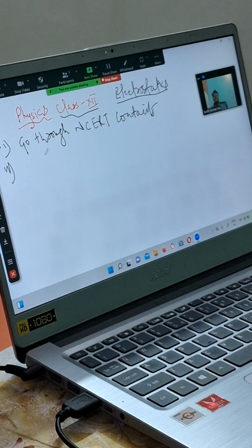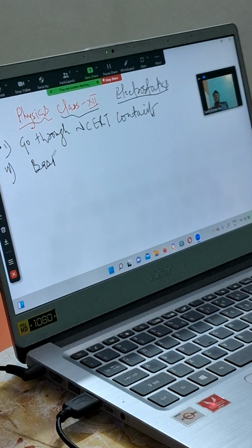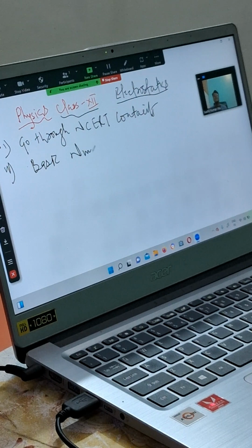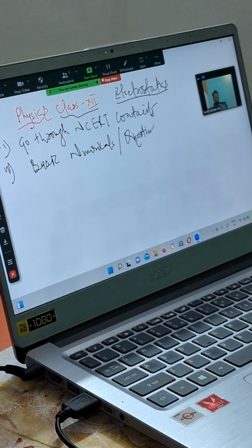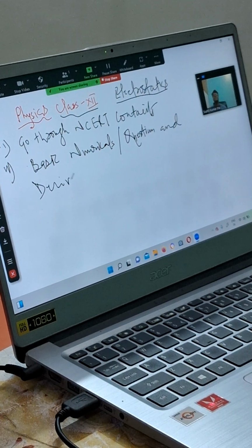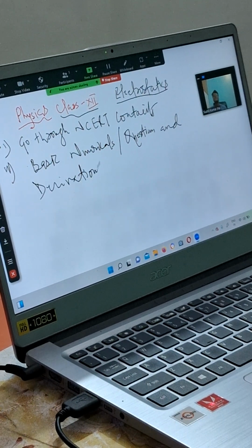Second, when you are thorough with the content, then you need to go through the basic numericals, questions, and derivations, right?